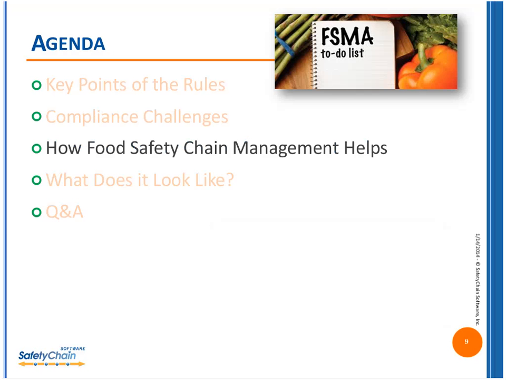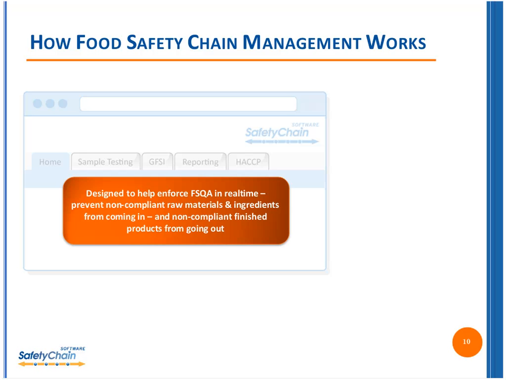So we said that this is a how-to, so we're going to look now at how food safety chain management technology helps you meet these challenges. I'm going to start with a look at how it works, and then we're going to turn it over to Dave to show you what it looks like.